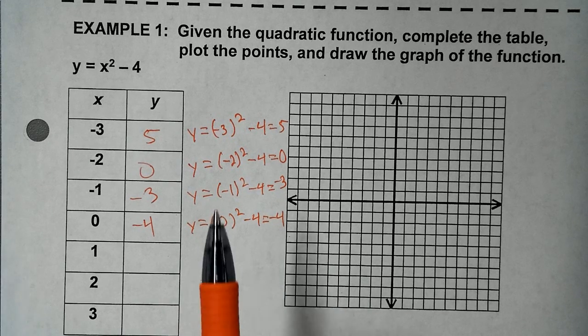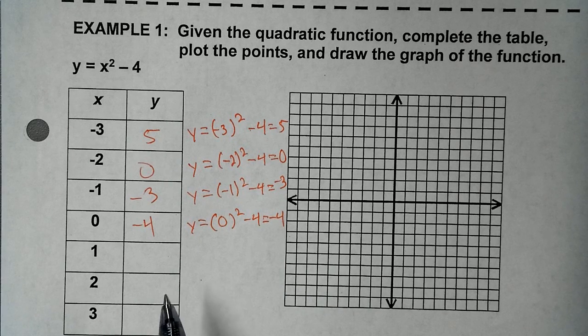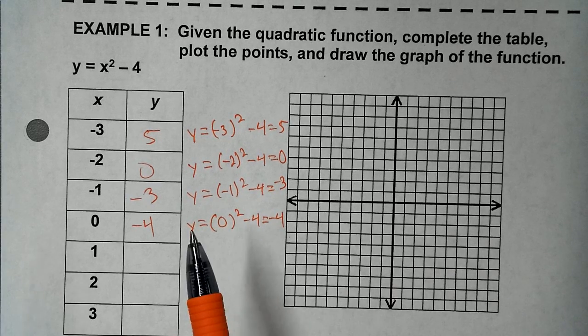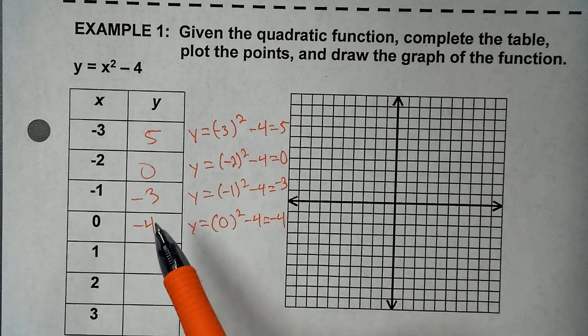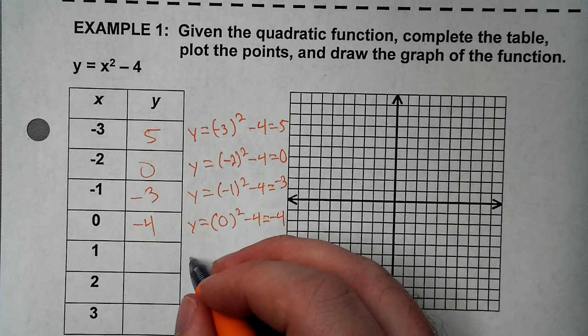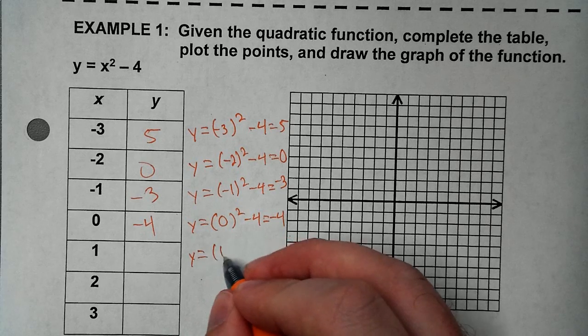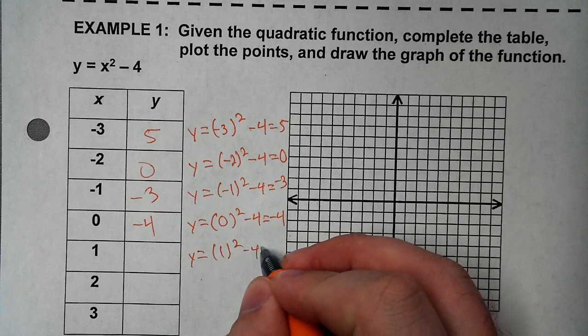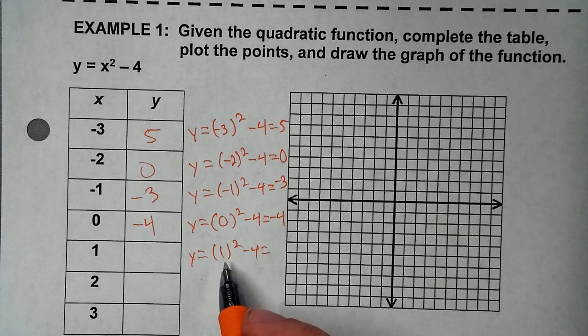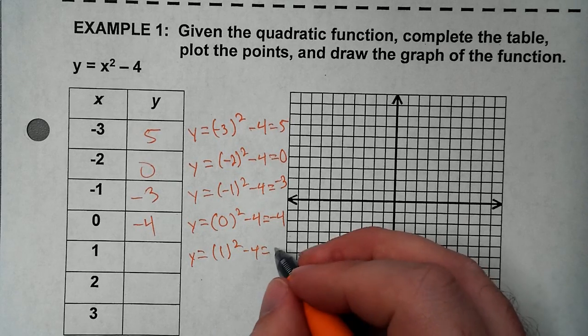Now, something interesting about parabolas is they're going to repeat and mirror each other. Watch what happens when I plug in a positive 1. One squared is 1. 1 minus 4 is -3.